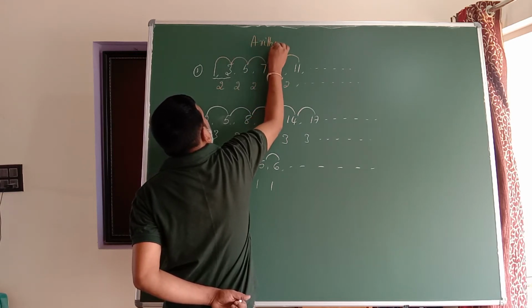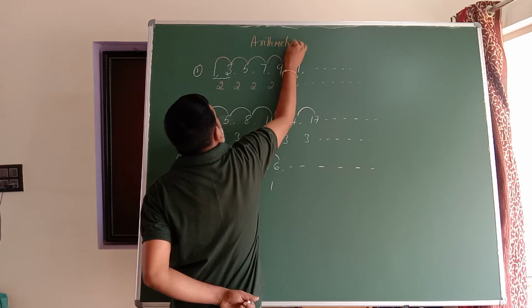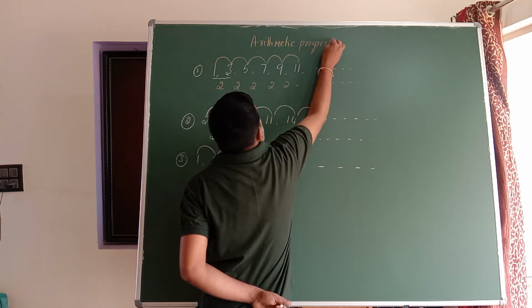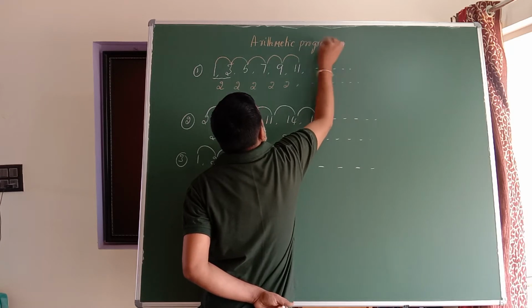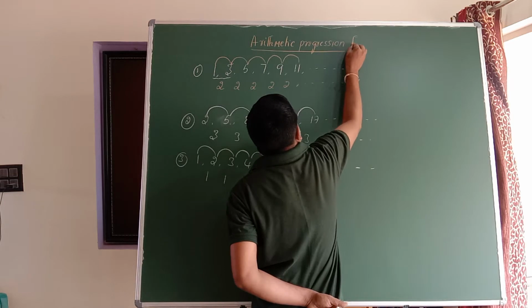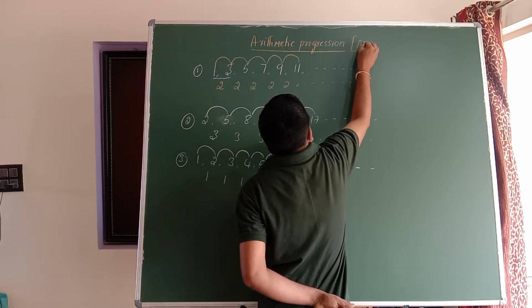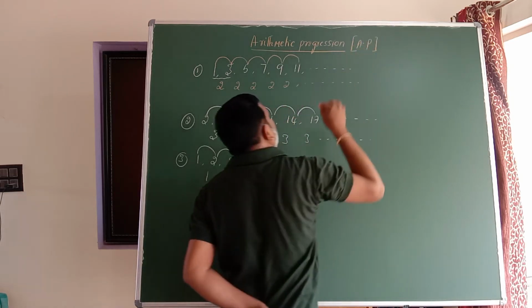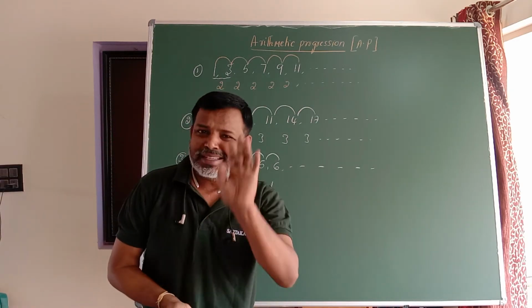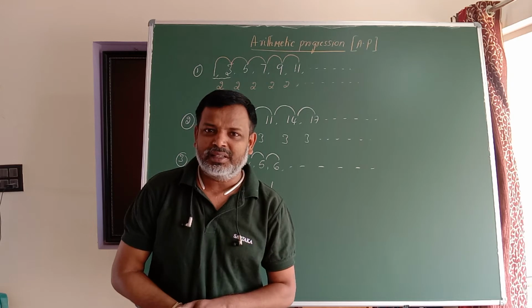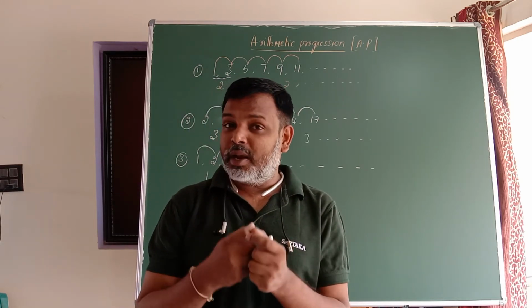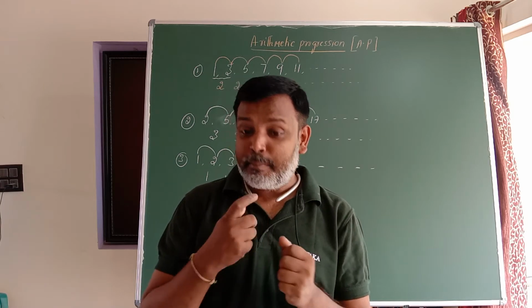Arithmetic progression, or simply we can say arithmetic sequence also. And this is simply read as AP. AP is nothing but arithmetic progression. Now this arithmetic progression is a special type of sequence, such that there is a common difference between every pair of succeeding term and the preceding term.